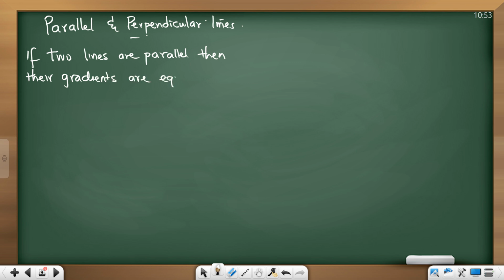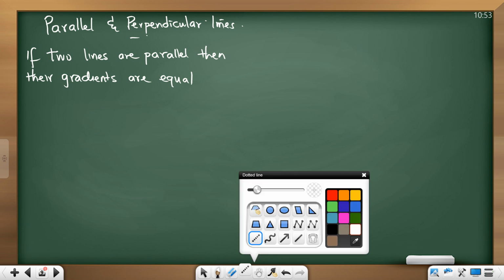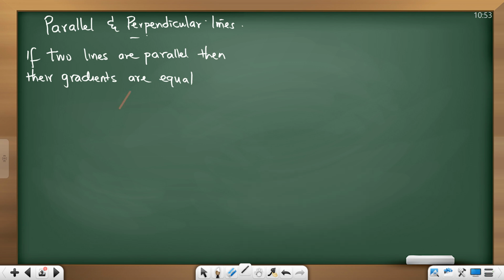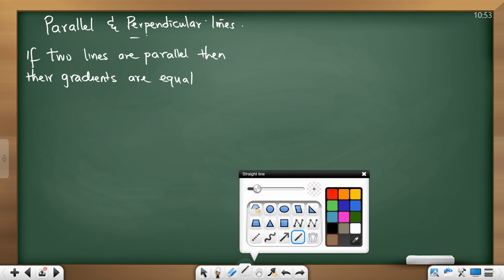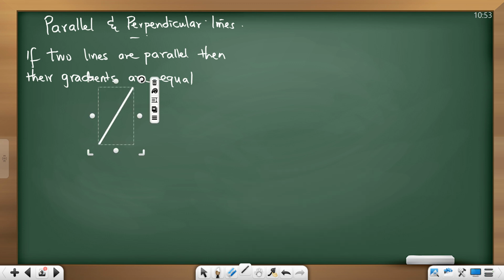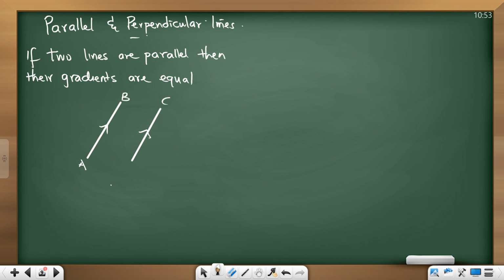Take note. If I have two lines parallel to each other, A, B, C, therefore it means that the gradient of AB is the same as the gradient of what? CD.